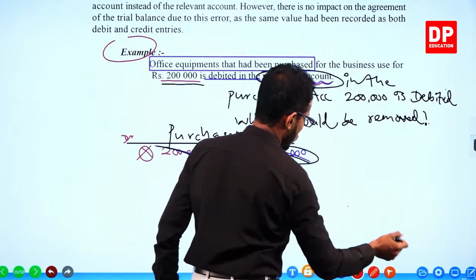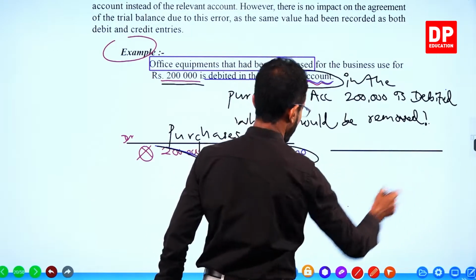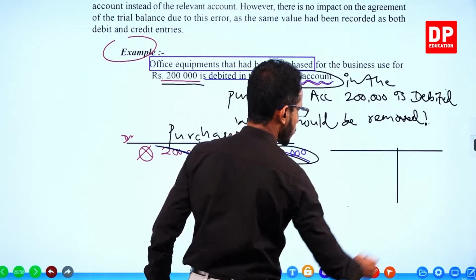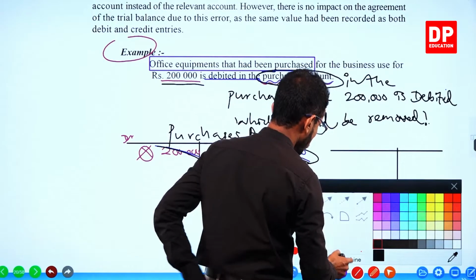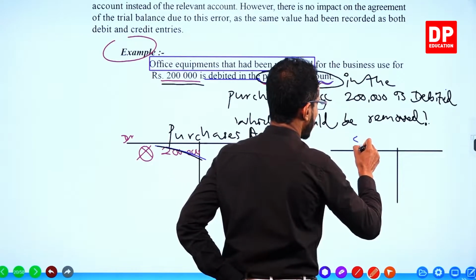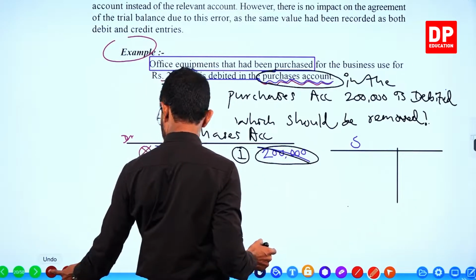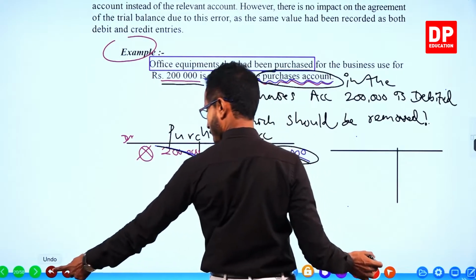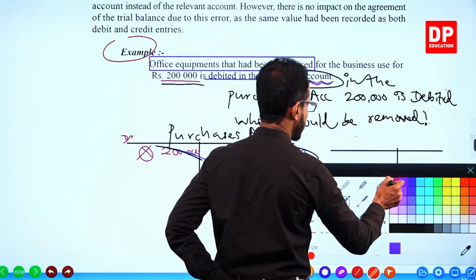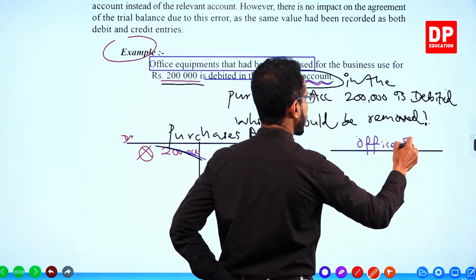So then we must have a separate account or a separate entry called office equipments.